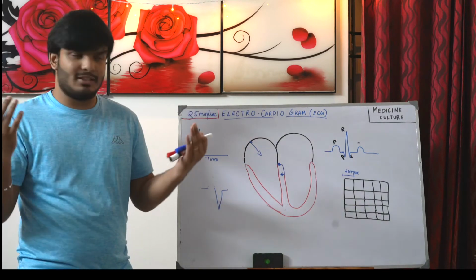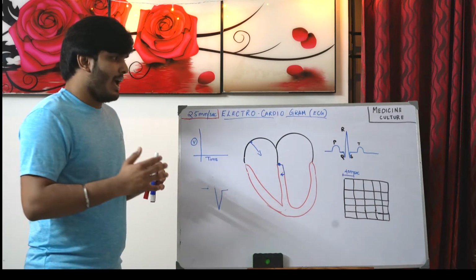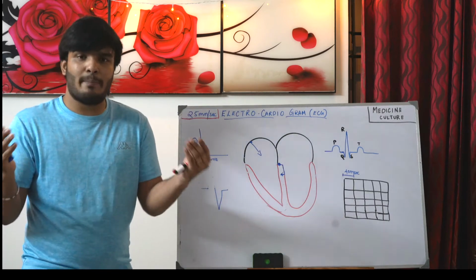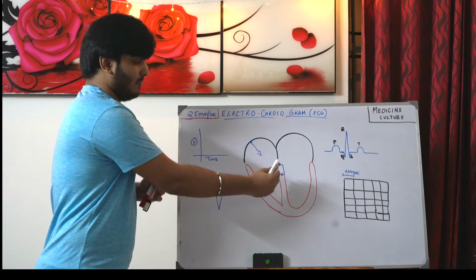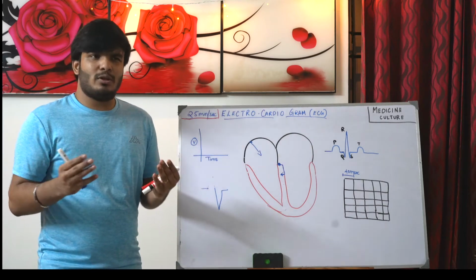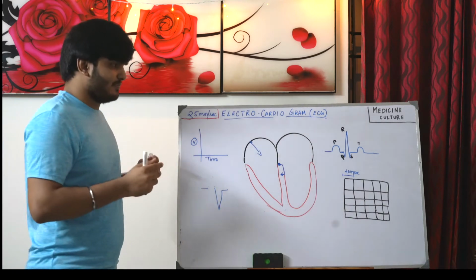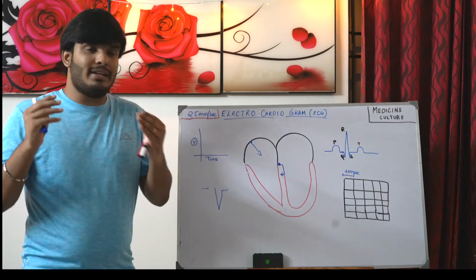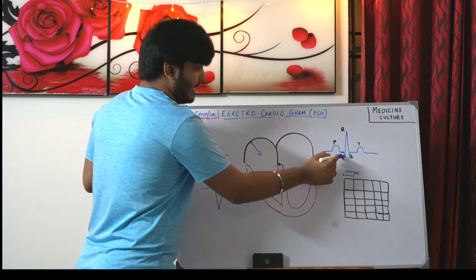They cancel each other, so we can't see a positive wave. And since the current passing from the left side of the bundle to the right side of the bundle is so small, so negligible, the negative wave is not of much amplitude. You get a very small negative wave. Sometimes it might be absent also. So you see the negative Q wave.